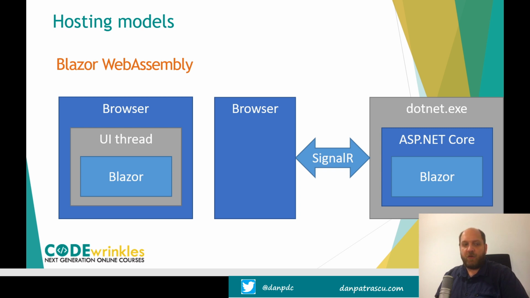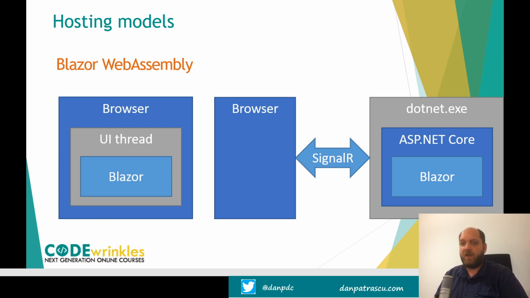However, if we think about these two different hosting models, what we can say is that Blazor WebAssembly basically ships your DLLs, your C# files, to the browser, and the application runs there in the browser. We can assume that we have one UI thread, so this application will surely be single-threaded because browsers are single-threaded.